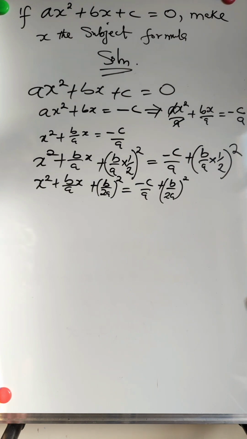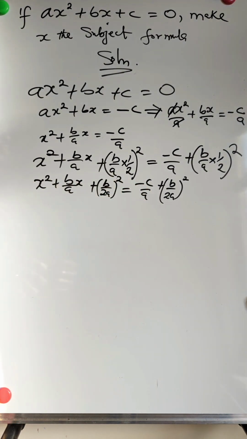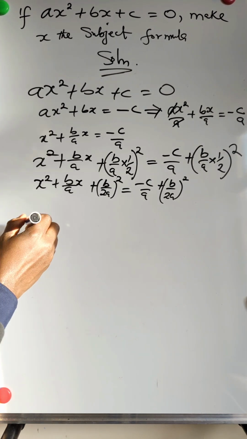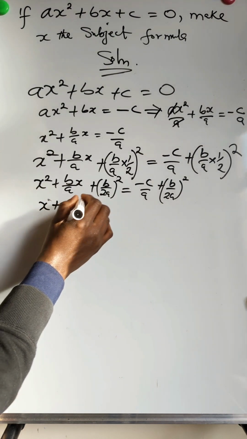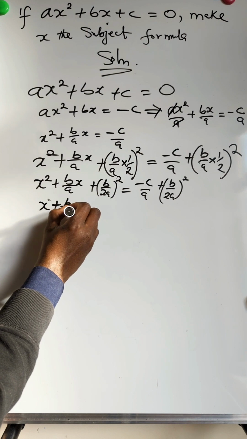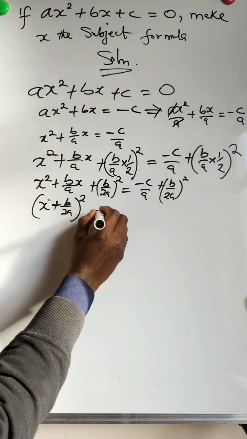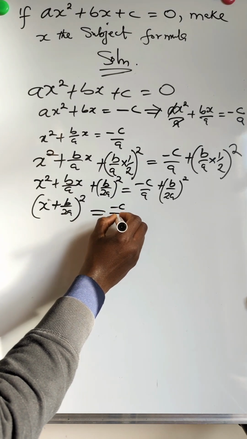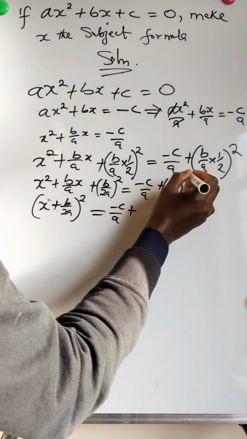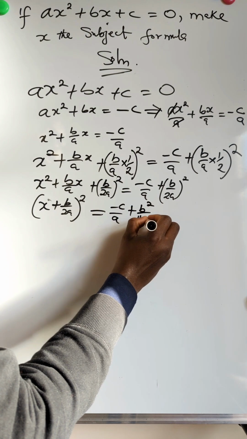Now at this point, you have a square here and a square here. So we'll try to factorize and bring them together. So we'll have x plus b over 2a all squared is equal to minus c over a plus, we'll expand this, b squared over 4a squared.